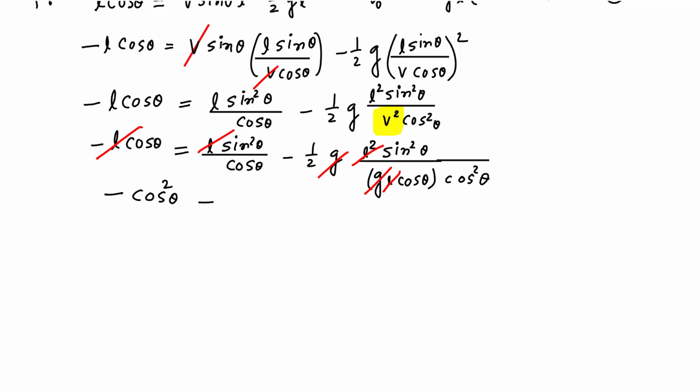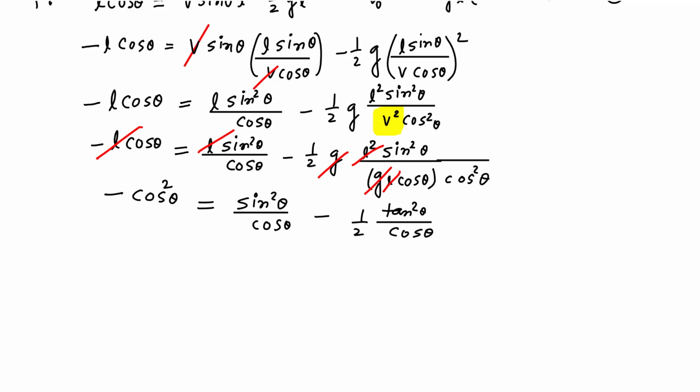So what we can do is, let's put this as: cos theta equals sin square theta divided by cos theta, and this will be minus half sin square theta by cos square theta, that is tan square theta, divided by cos theta. So let us multiply by cos theta throughout.